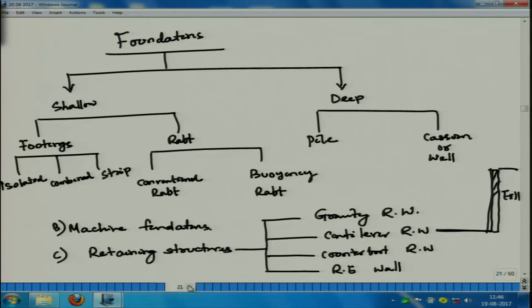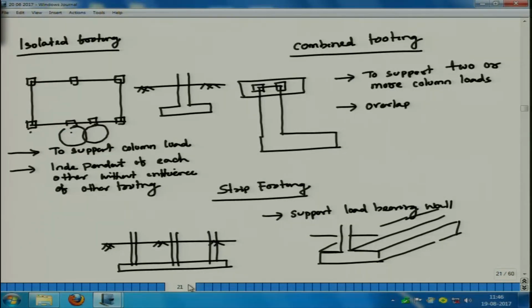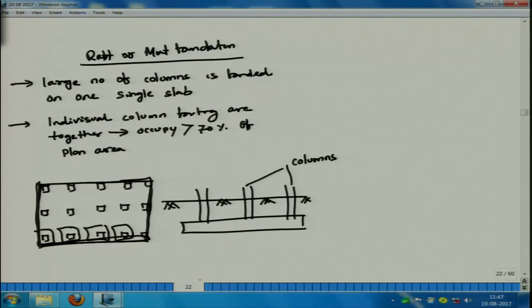Then I explained isolated footing, used to support column loads, and combined footings and strip footings. Then I also went to raft or mat foundations. Where a large number of columns are there, one single slab is required, raft and mat foundations.